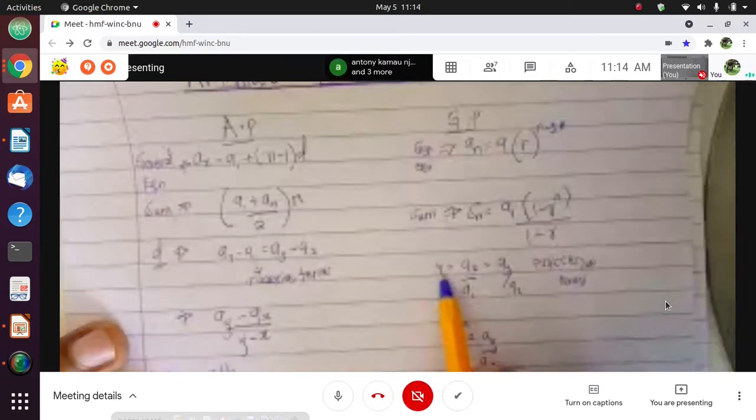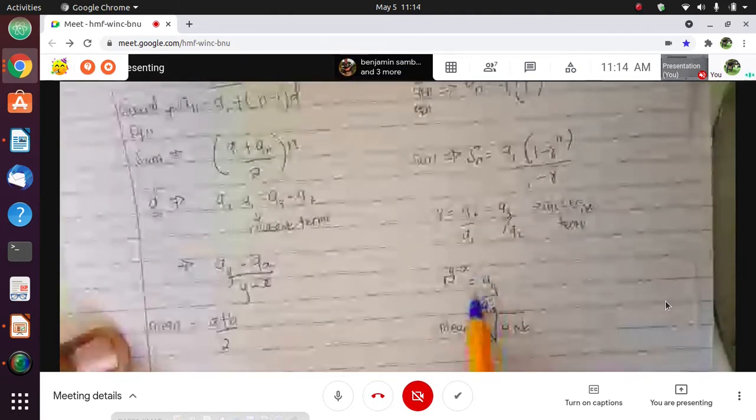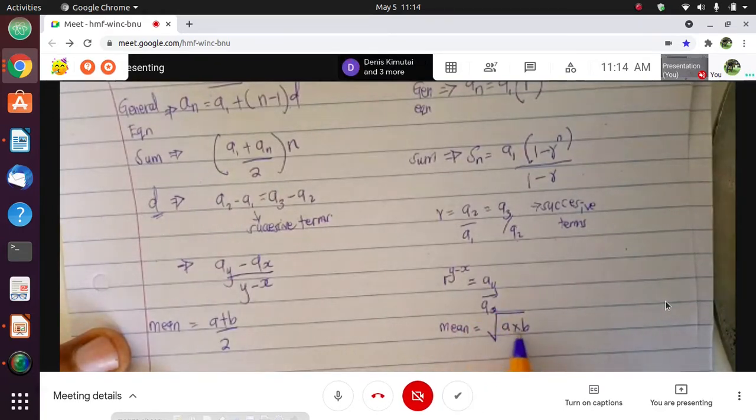R means common ratio. If I do not have successive terms, I can also find a common ratio. These are examples ambazo hazina successive terms. We'll see them in a few. Now, the mean of a geometric sequence is A times B, and then you find the square root.